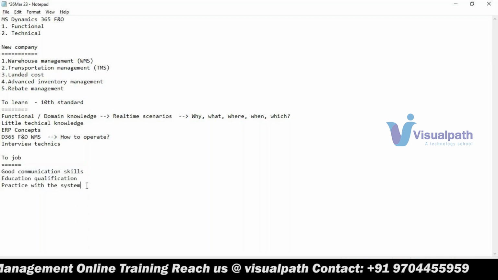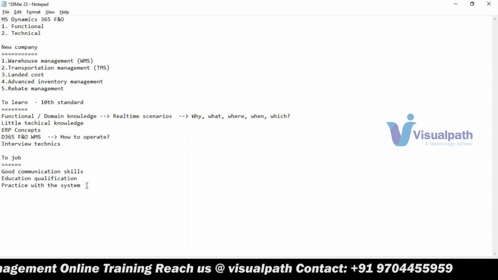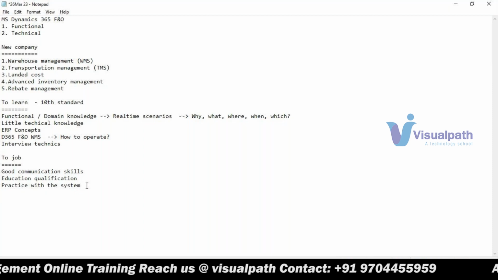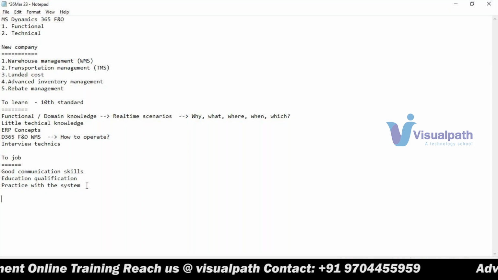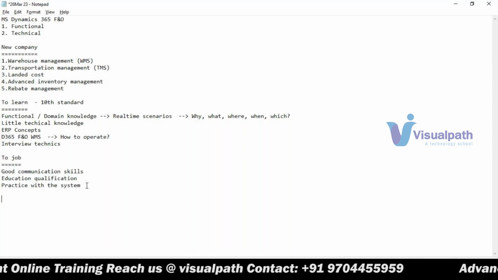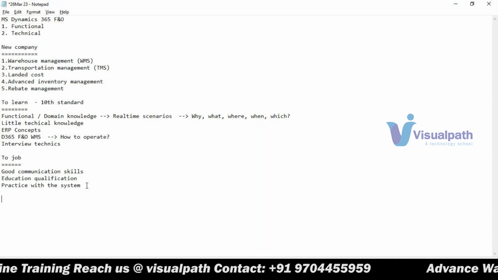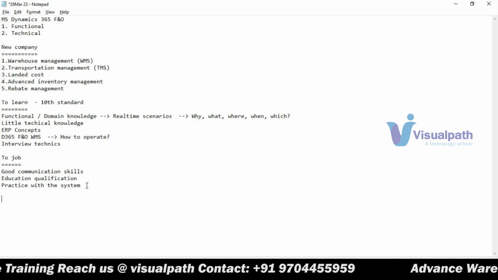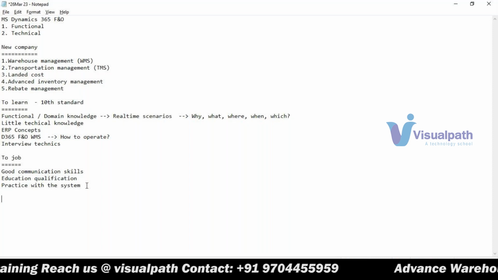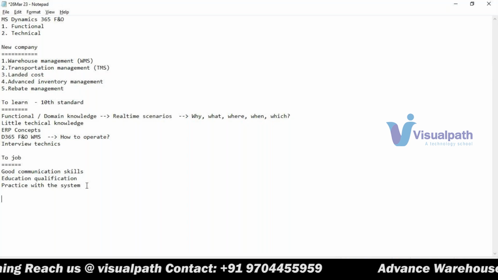I also have a Telegram group with around 800 people. In the Telegram group, outsiders can also join. There are no restrictions.